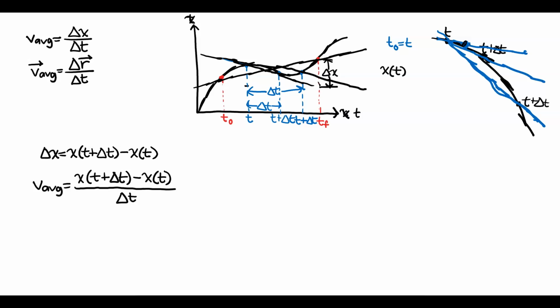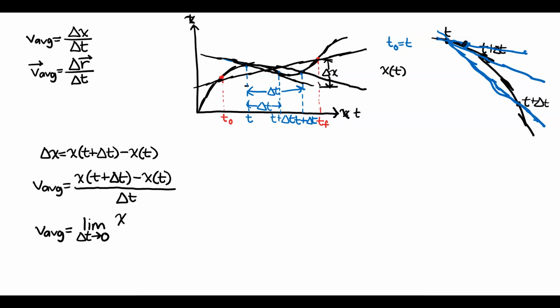And mathematically speaking, what we basically did is we took a limit. The limit as delta t approaches 0, meaning that as we decrease the delta t further and further, we can't directly plug in delta t equals 0 here, because then we'll be dividing by 0.